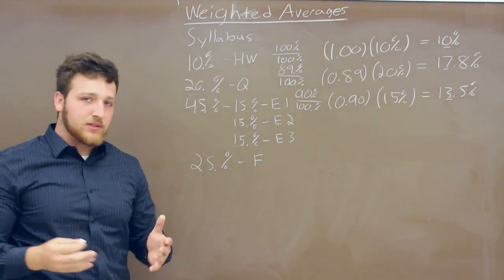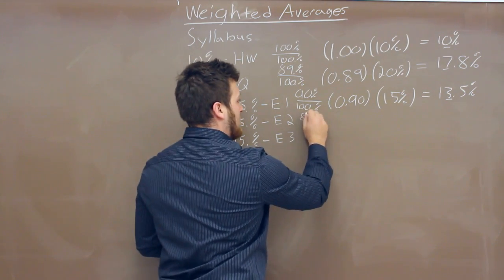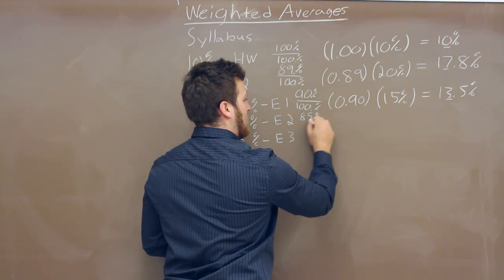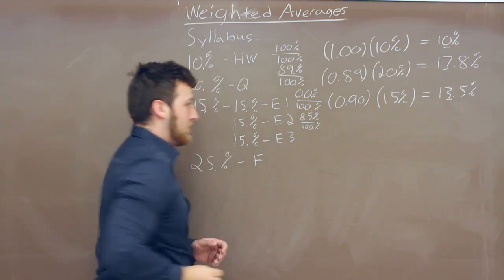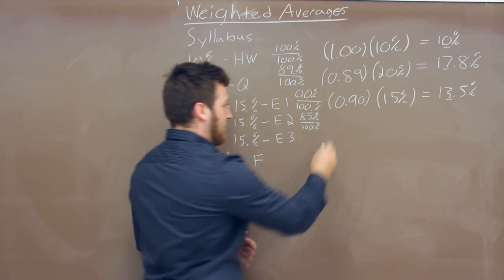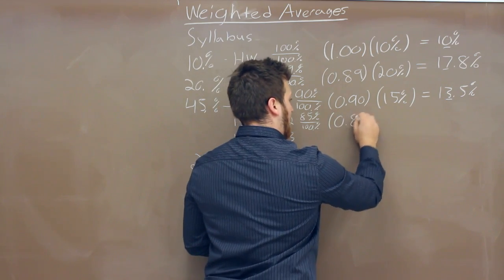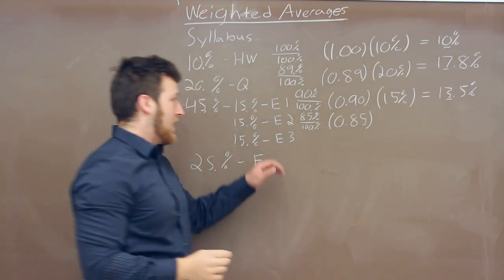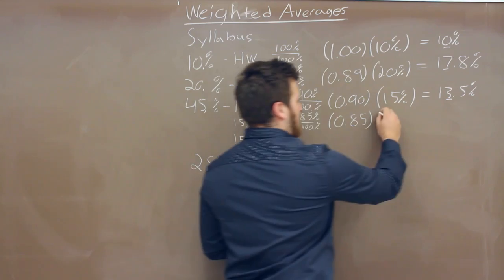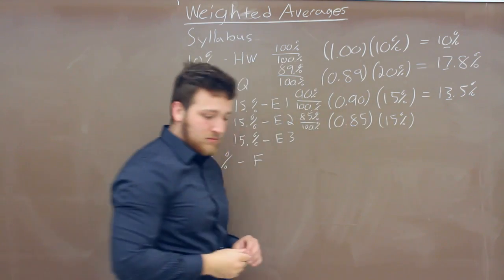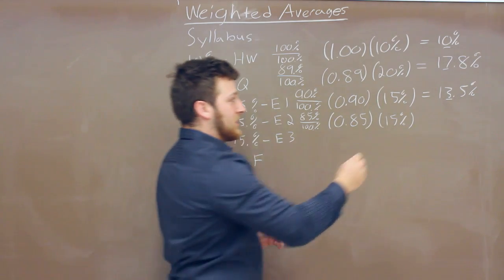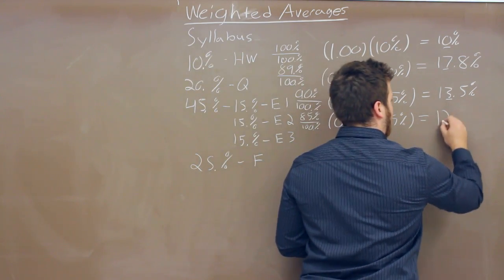Next, for exam 2, we'll say 85%. This will give them a decimal of 0.85, multiplied by the 15%. And this should be a percentage of 12.75%.